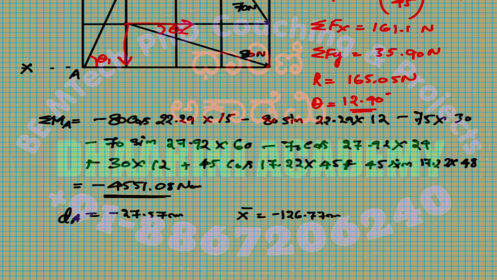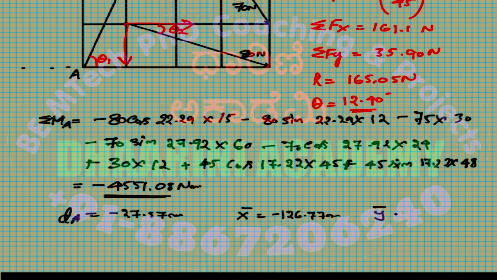Then let's write the y-intercept. Y is equal to 28.25 meters. You see the x and y intercepts are here, so the force comes here. That's why the distance is given in the negative form.